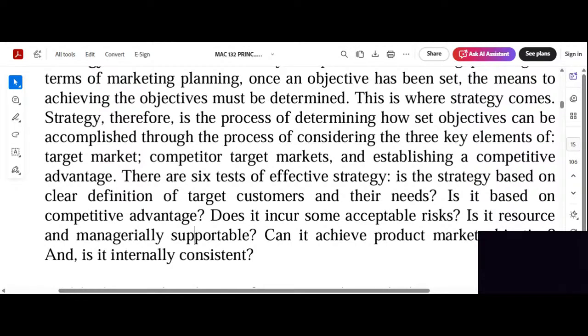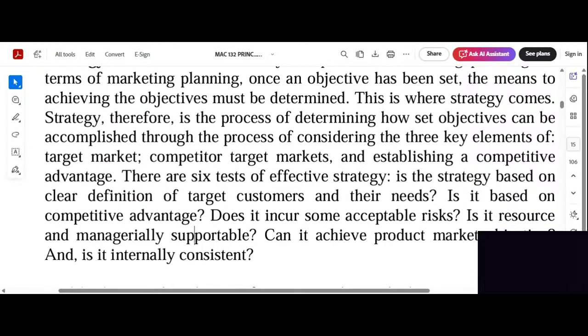So if that strategy does not define your target customers, your prospective customers, clearly, that this is the set of people you want to sell to and this is what they need.